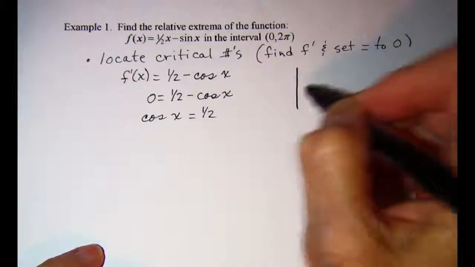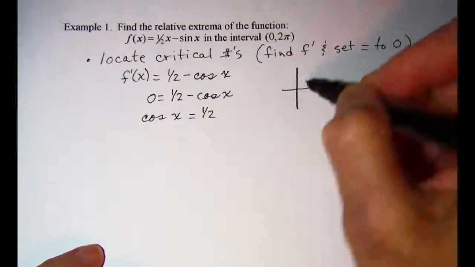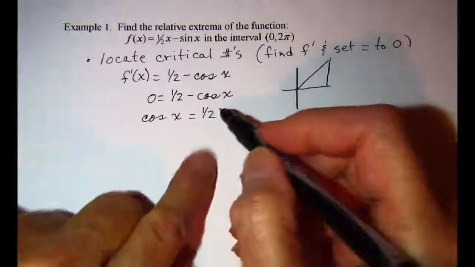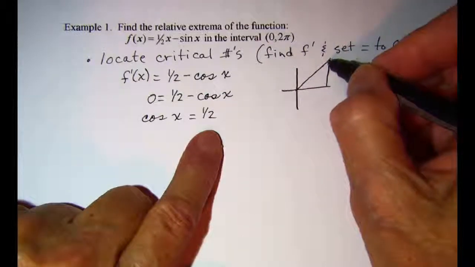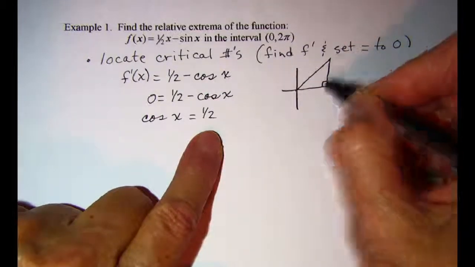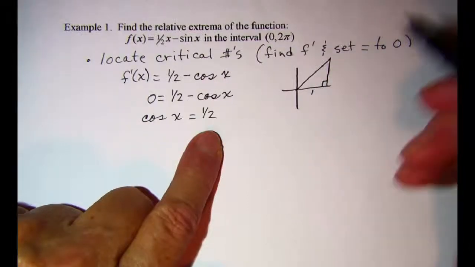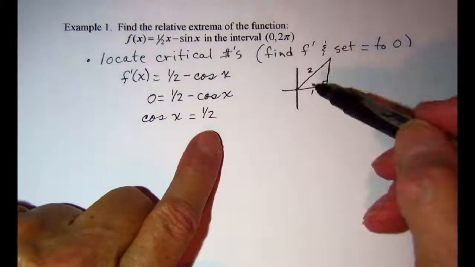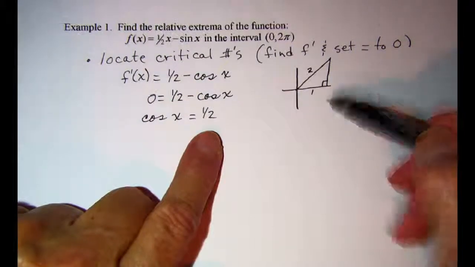Let me draw my reference triangles. Cosine is defined as adjacent over hypotenuse, so my adjacent side is 1 and my hypotenuse is 2. The cosine is also positive in quadrant 4.